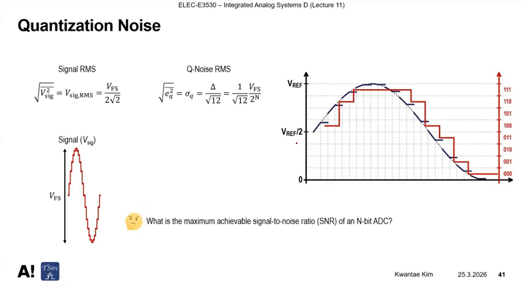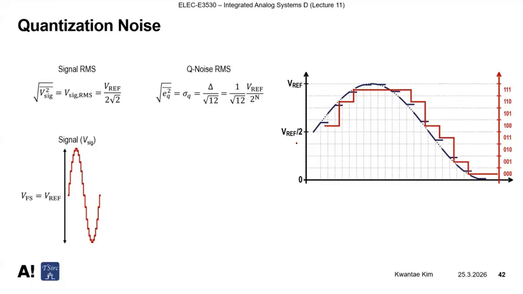For a sine wave, you can simply calculate it by taking the amplitude, which is the peak-to-peak value divided by 2, and then multiplying by 1 over square root 2. Then you get the RMS value. So now you have both signal and quantization noise, and you can simply take the ratio.